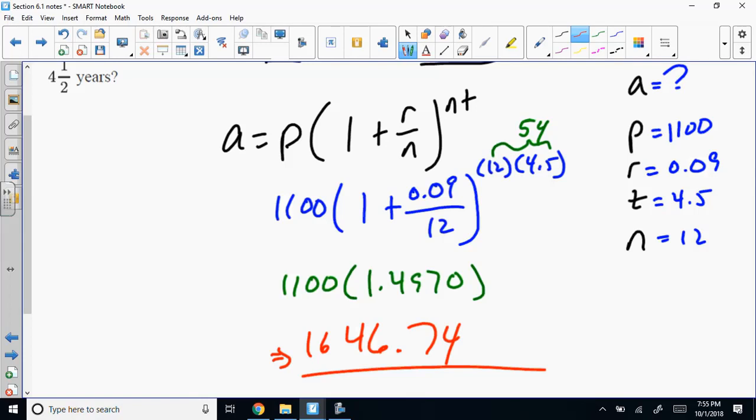Hit enter. So when you calculated this, you should always have ANS, right? Which is what she was saying. If you round it, you're going to introduce error. You'll be a couple pennies off. We don't want to do that. Did you get the same as I got? Okay, good. So you solved it inside the parentheses, then multiply it times 1100. I took the 0.09 divided by 12, added 1 to it, raised to the 54th power. Okay, you're right, 54th, and then multiply it by 1100.